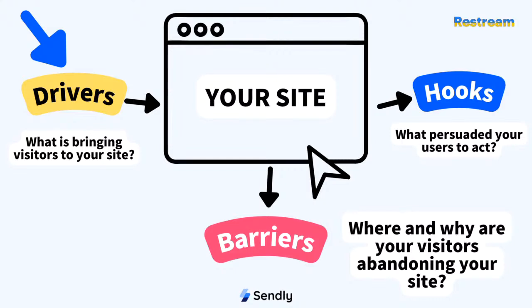And this is the only way it's done. You can plow tens of thousands of pounds into Facebook ads, into Google ads, but if just one cog is missing from the drivers, from the barriers, from the hooks, then you're just going to waste all that money because you haven't spent that time on your conversion rate optimization.